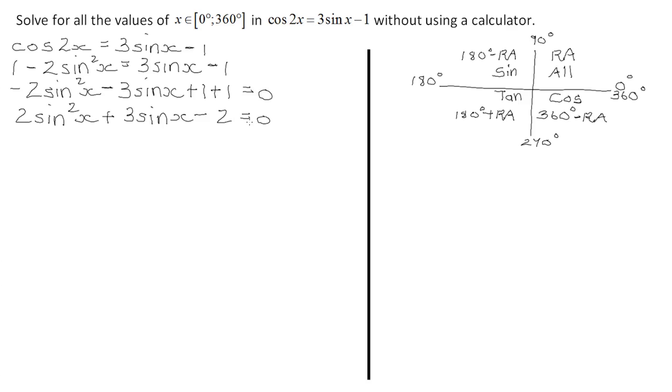Now, I just want you people to note something. I could have left that as is, and then I could have used straight away the formula method. But seeing that we are bounded or restricted with time when we write papers, it's always better to go an easier route. If we look here, we have sine squared x, sine x, and a constant equals 0.